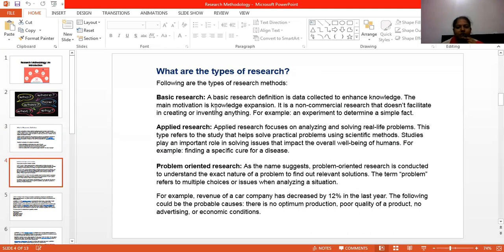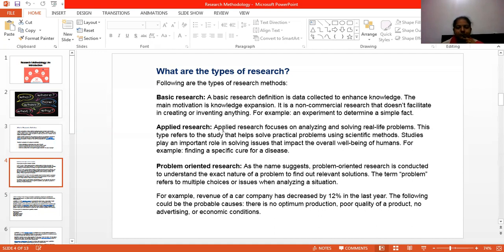The main motivation is knowledge expansion. It is a non-commercial research that doesn't facilitate creating or inventing anything. For example, an experiment to determine a simple fact.